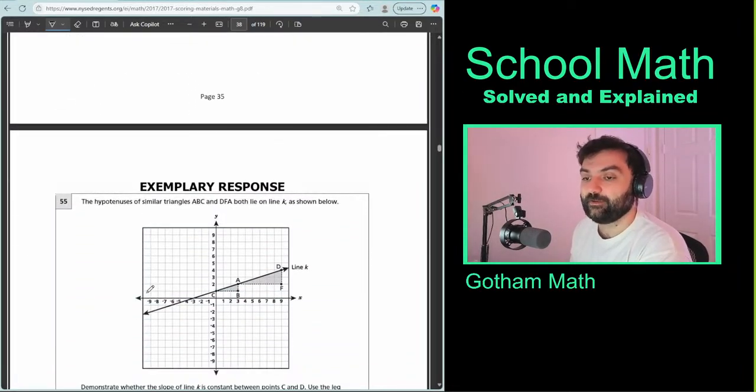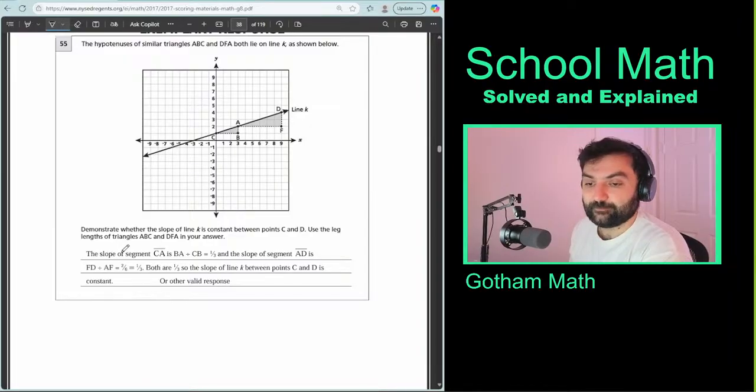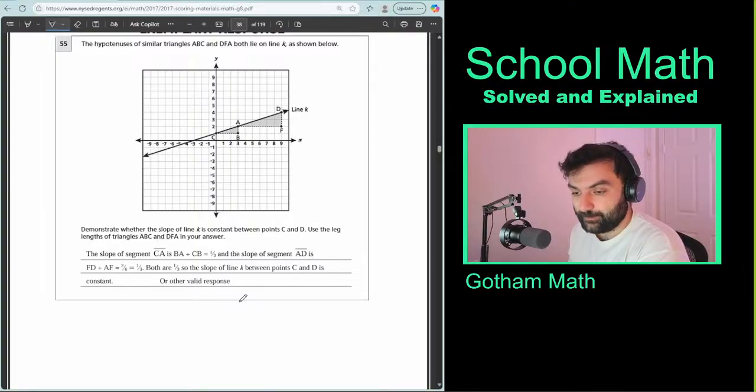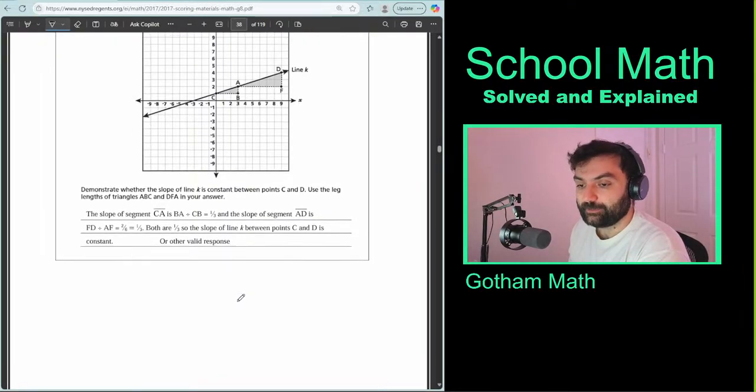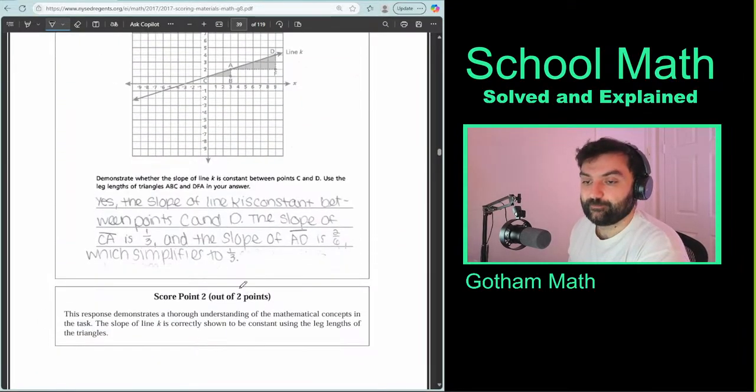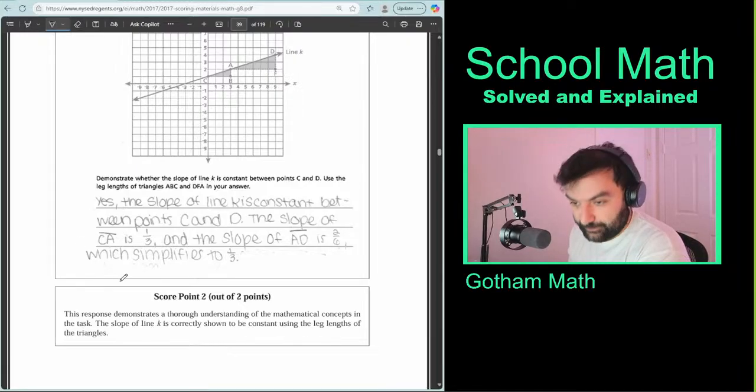Let's see the official answer. The slope of the segments CA and BA, 1/3, 1/3. Sorry, the slope of the line K between points C and D is constant. That's correct. All right, so we got it right. Let's see the answers of these students.